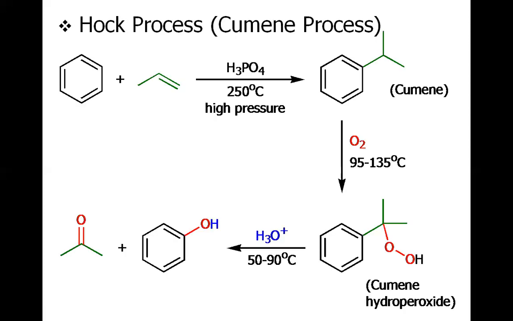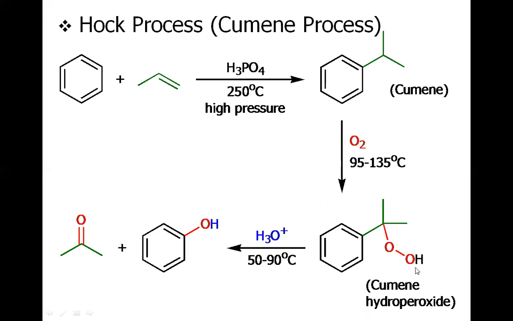One more method is called the Hock process. It is also known as the Cumene process, which is the more famous term. In this, we have benzene treated with propene in the presence of phosphoric acid to have isopropylbenzene, which is called cumene. And then this cumene is treated with oxygen. It is a radical mechanism.